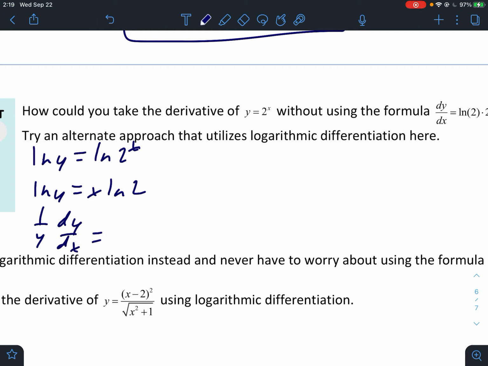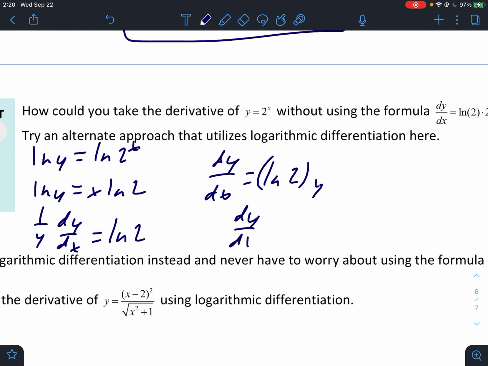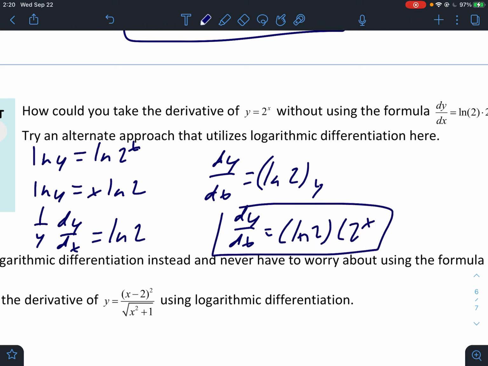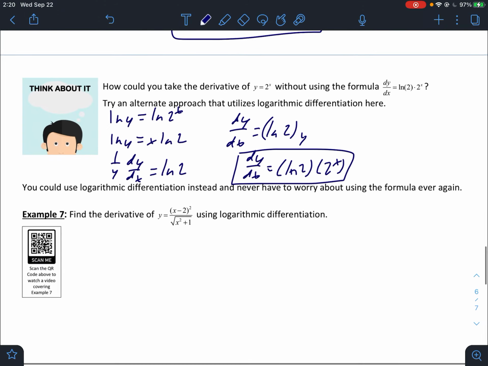And the derivative of the right side, that's just ln 2, which is a constant, times x, so that's just ln 2. Multiply both sides by y. You get ln 2 times y. And y is 2 to the x. So our final answer here would be ln 2 times 2 to the x, which is the formula we've already learned for taking derivatives that look like that.